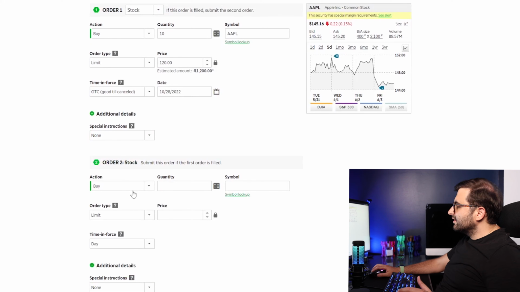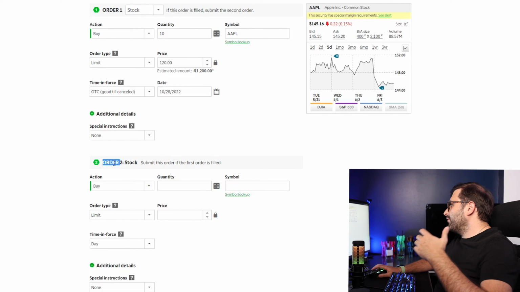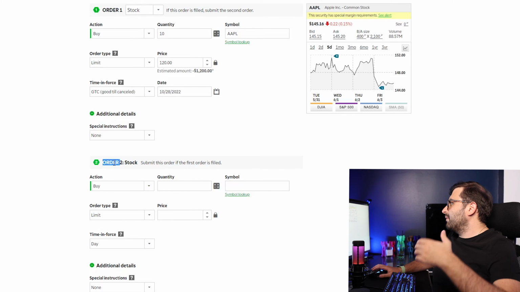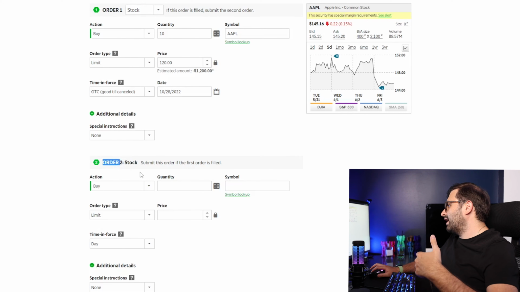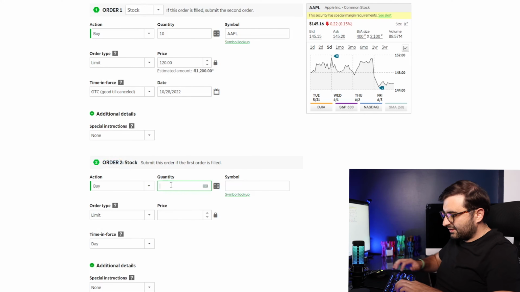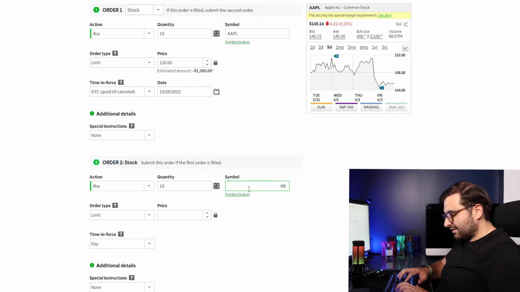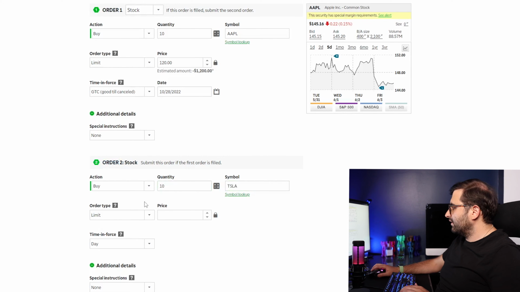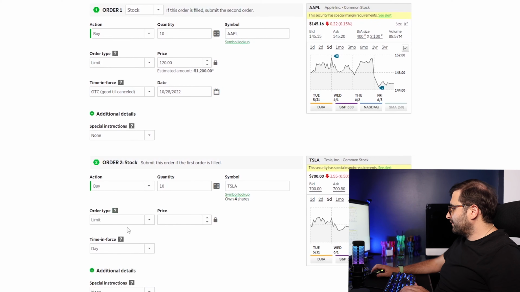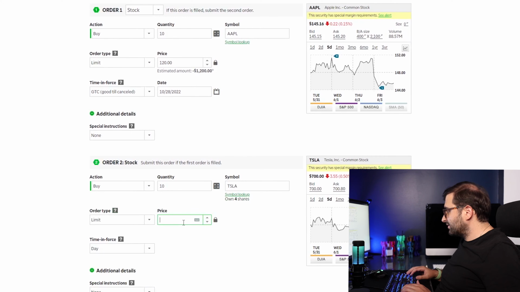And the second step is our second order. So if my Apple order got filled, I would like to get also, let's say, Tesla, right? I would like to buy 10 Tesla if my Apple order got filled. So after that, I will enter the price.